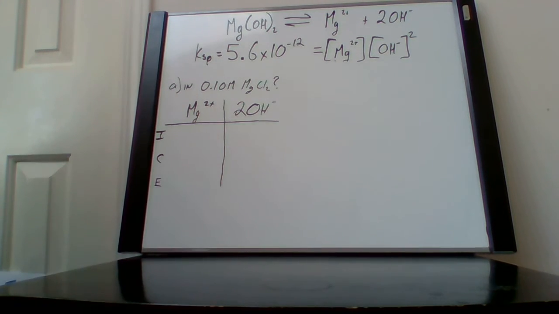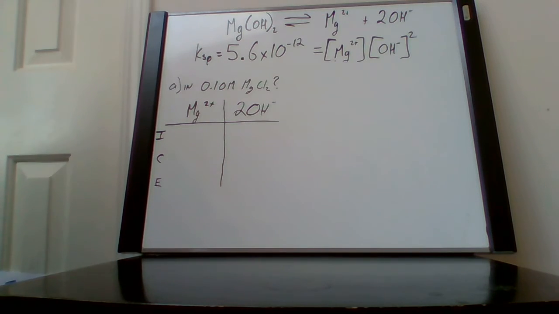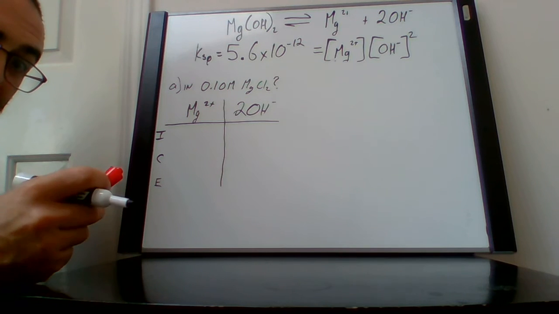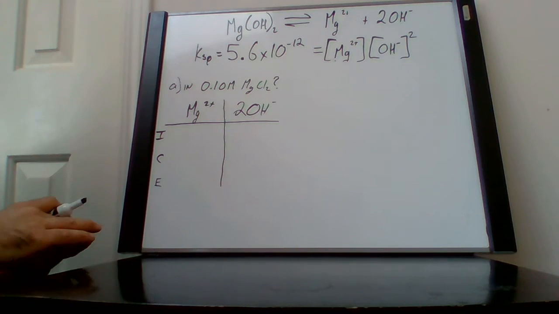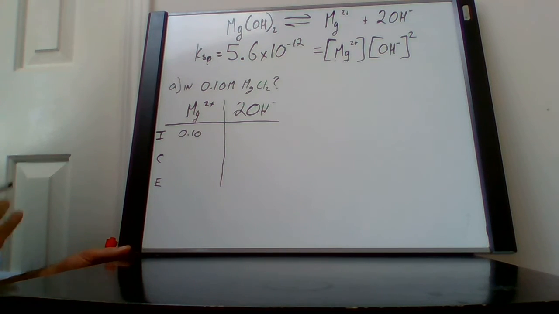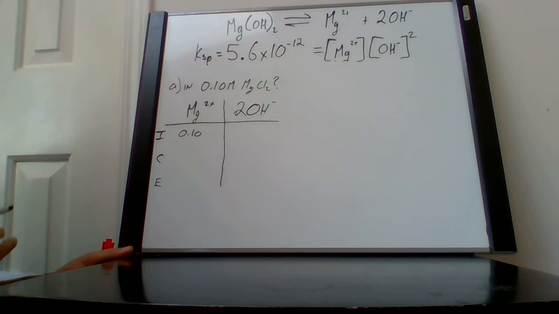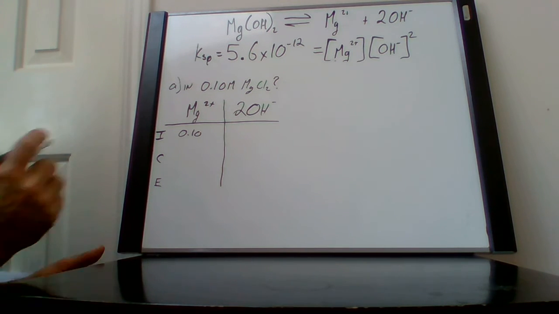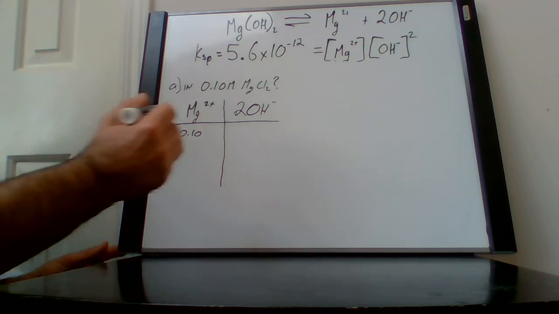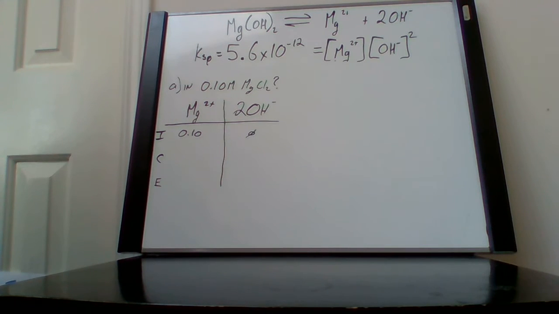Our initial conditions: we're looking at this 0.1 molar magnesium chloride, and we're going to add in this magnesium hydroxide and see how that affects things. So my initial here is 0.10. Remember, all values in ICE charts are molarity, so moles per liter. I've got 0.10, and since my initial value was just that solution, I have no hydroxide.